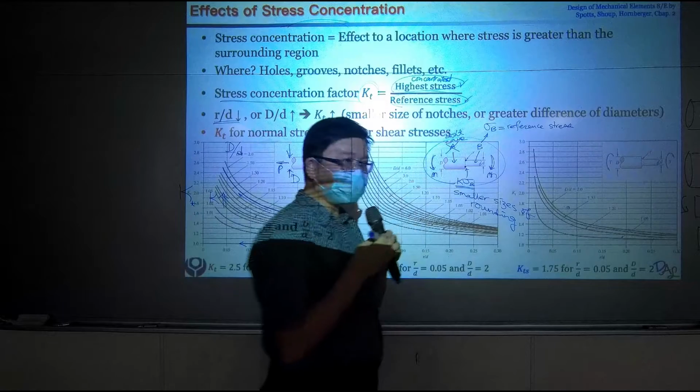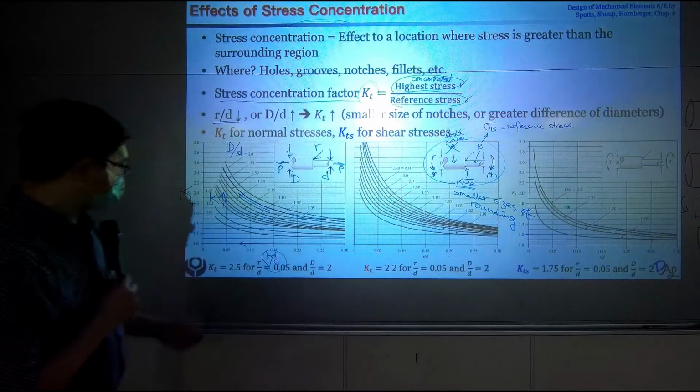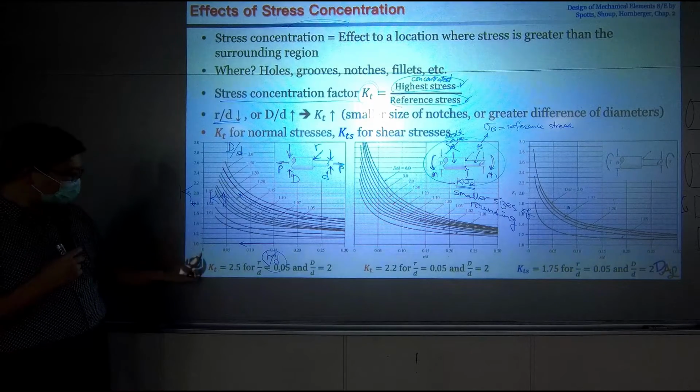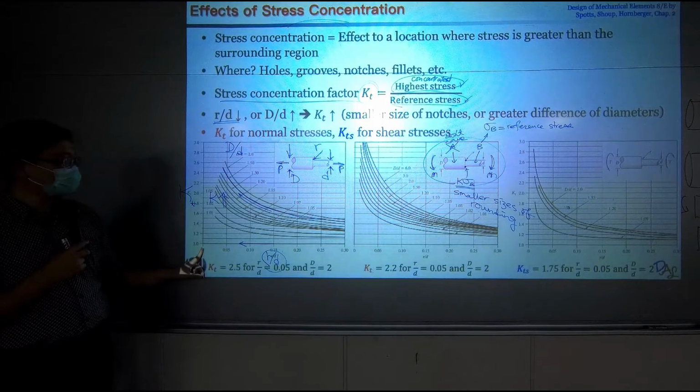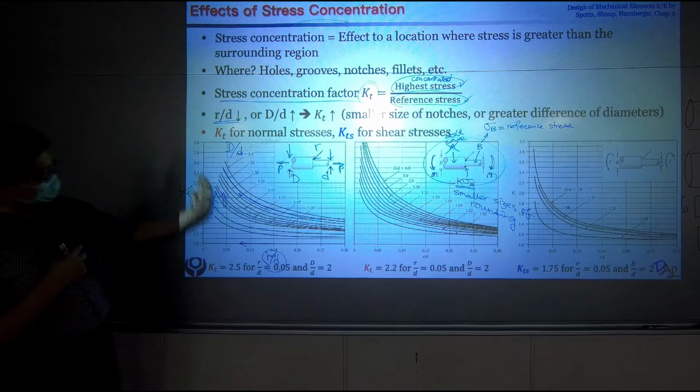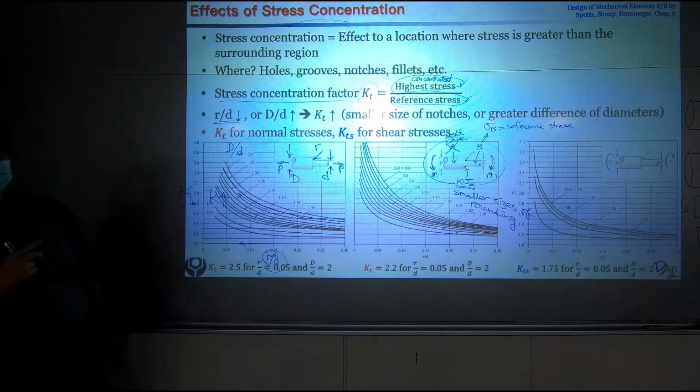If your rounding is too small, k increases. If you have zero rounding, your k could be as large as infinity based on the trend, or very large.